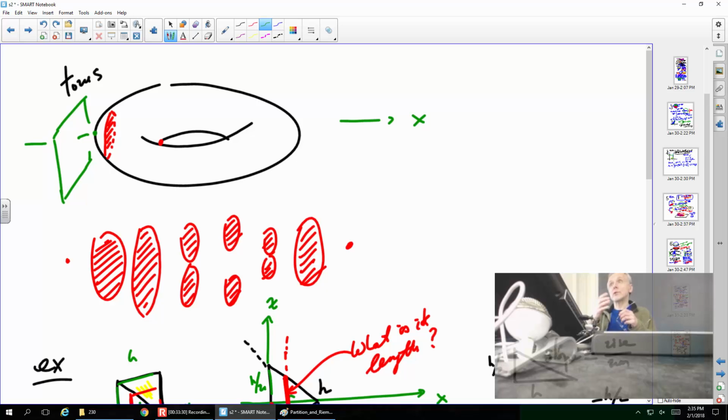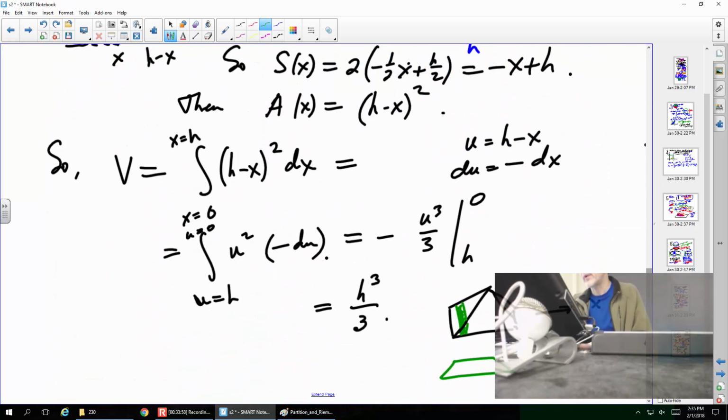So a circle minus the cut-out circle in the middle. So when the plane touches it first, it produces a circle, and then it pushes in. The circle grows in thickness, and then keeps growing until it starts to decline and then disappears again. So it's just a matter of practice to produce this kind of function, and then once you do, the algebra, or the integration, is typically fairly straightforward.